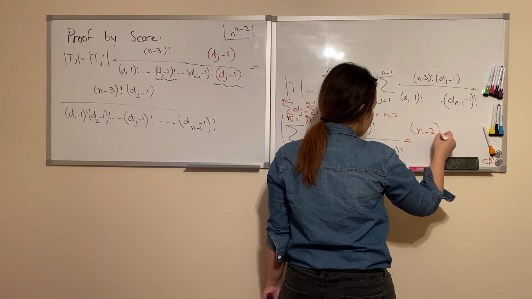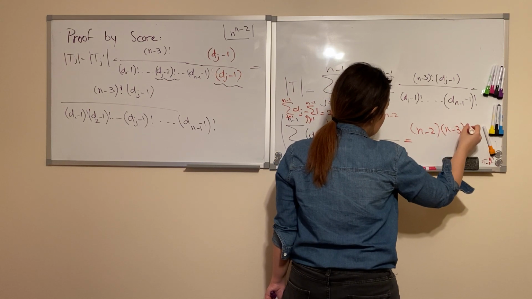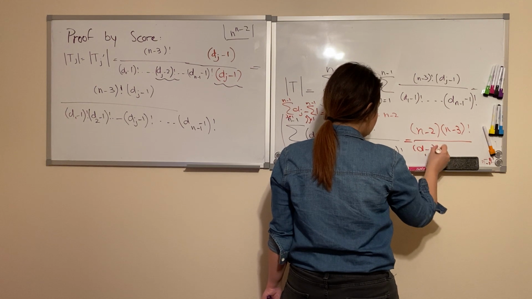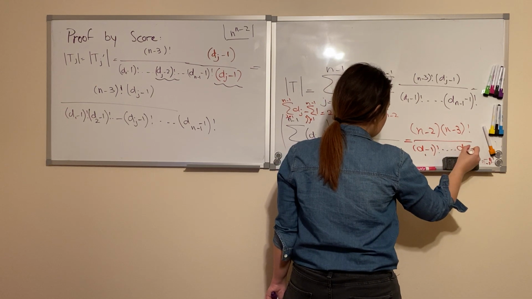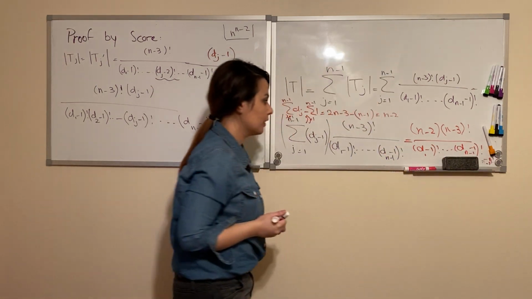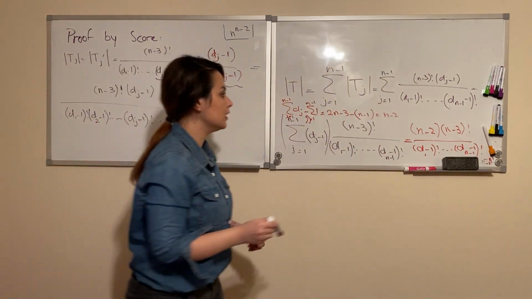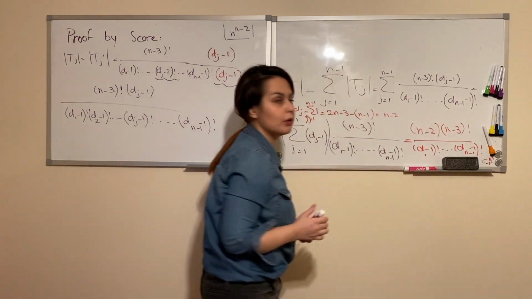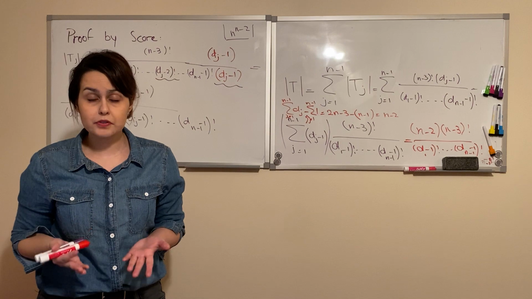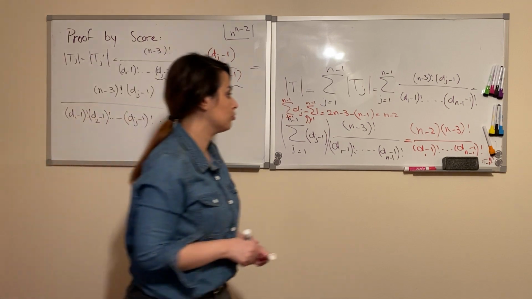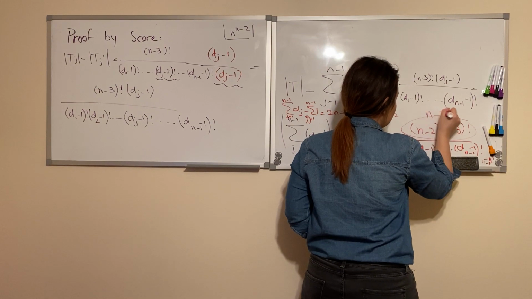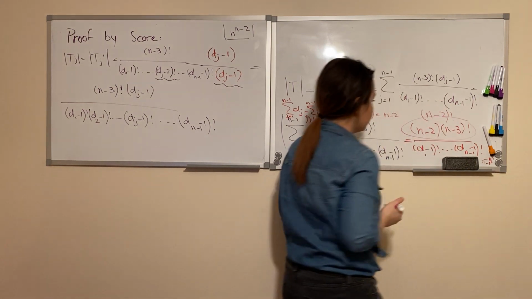So I have n minus 2 times n minus 3 factorial over d_1 minus 1 factorial all the way to d_{n-1} minus 1 factorial. The first thing we see is that here I have n minus 2 times n minus 3 factorial, which actually gives me n minus 2 factorial.